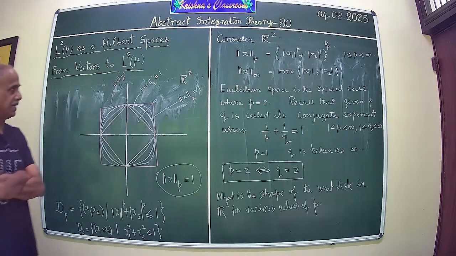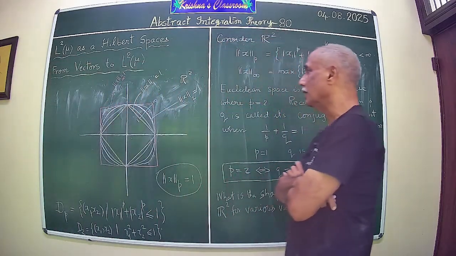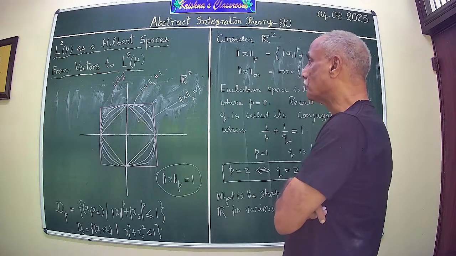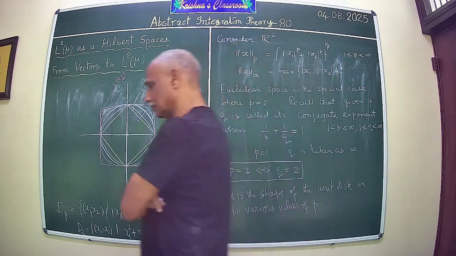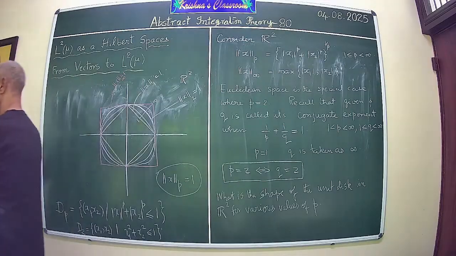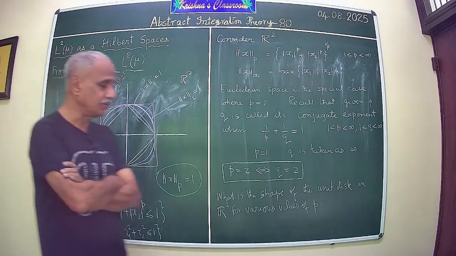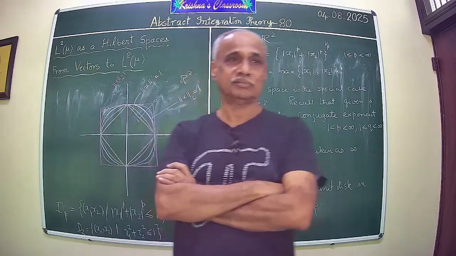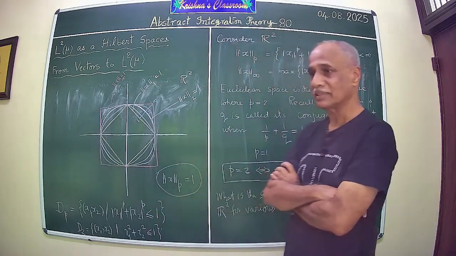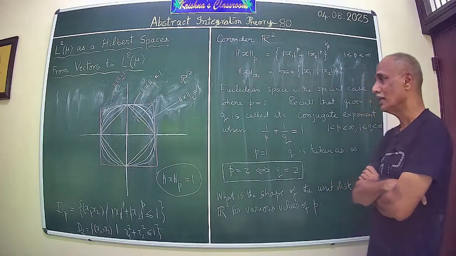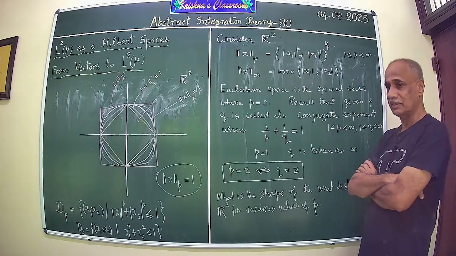So you can attribute different geometries in R2 and analogously in R3. In R3, when p equal to 2, you get a conventional ball as the unit ball.